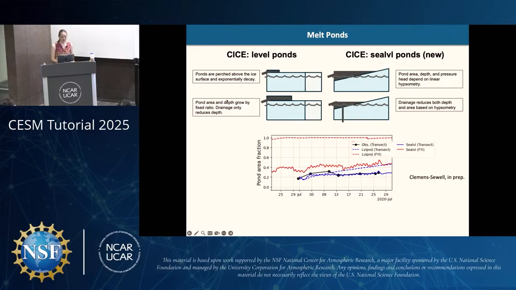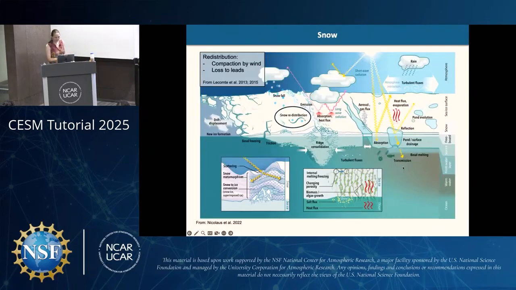But what we found is that before, when we had a melt pond and it drained, only the thickness changed, but it didn't actually reduce the extent of the pond, so that's why they were way too thick. And so he's changed the parameterization so that when they drain, now they reduce both depth and area, and so we're hoping that this makes the way that we treat melt ponds more realistic. And so what this is showing here is just the observations, and the pond depth is much better in his sea level pond scheme than it was before.